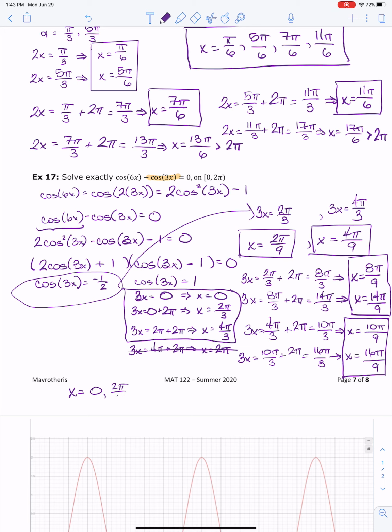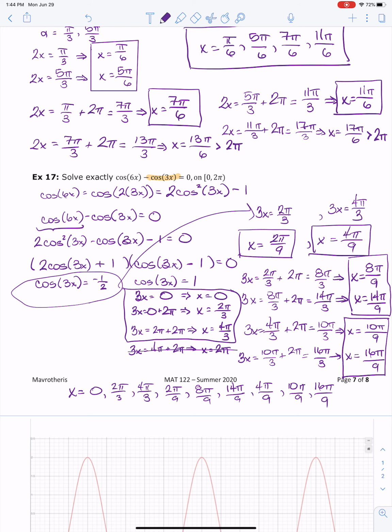So let's do 0, 2 pi over 3, and 4 pi over 3 together. I get 2 pi over 9, 8 pi over 9, 14 pi over 9, and then I've got 4 pi over 9, 10 pi over 9, and 16 pi over 9.